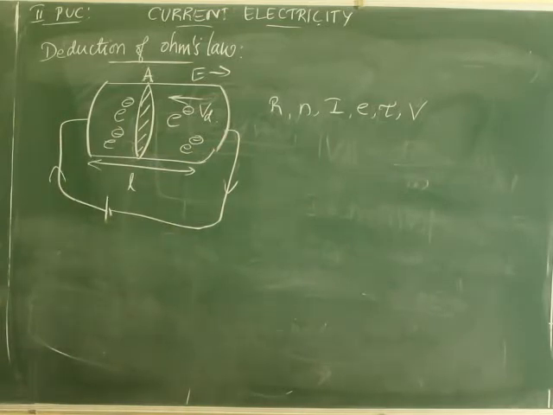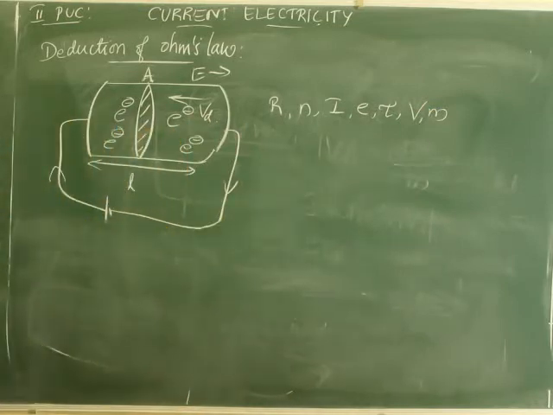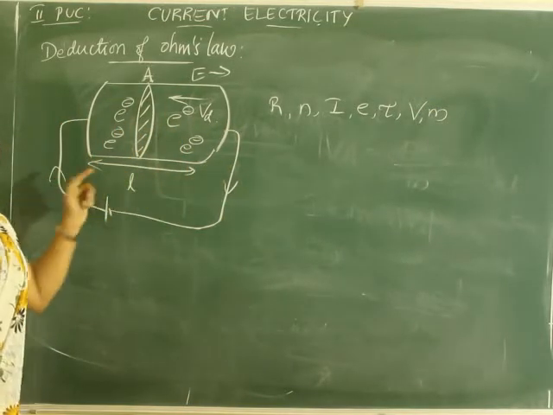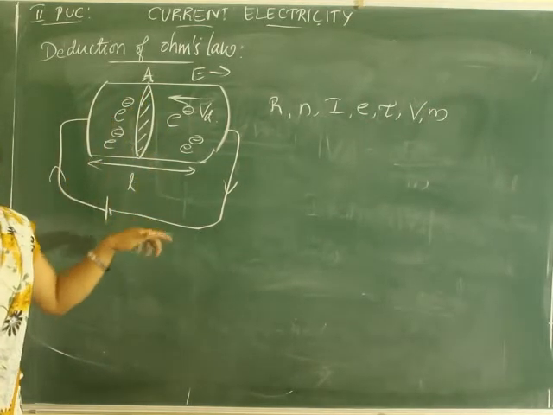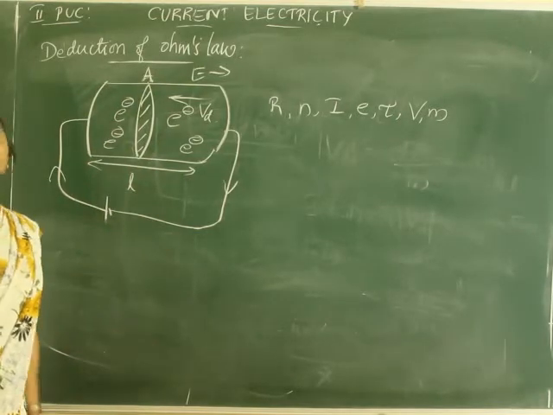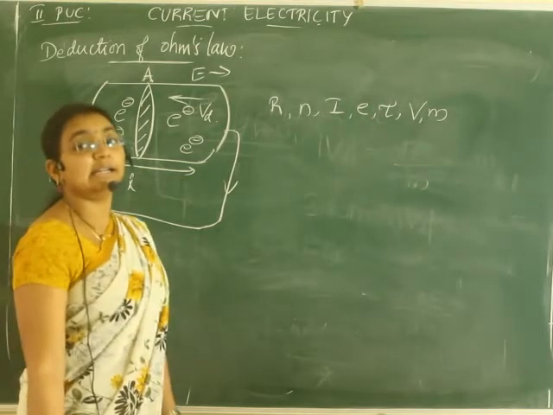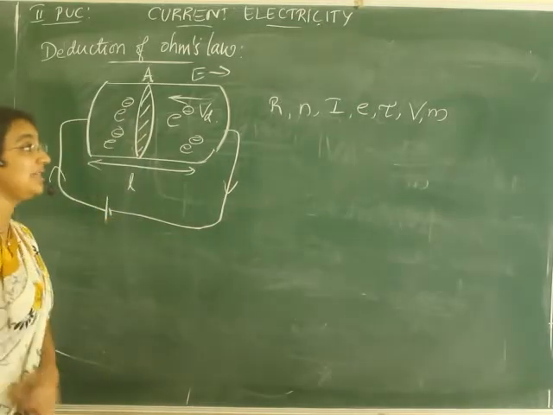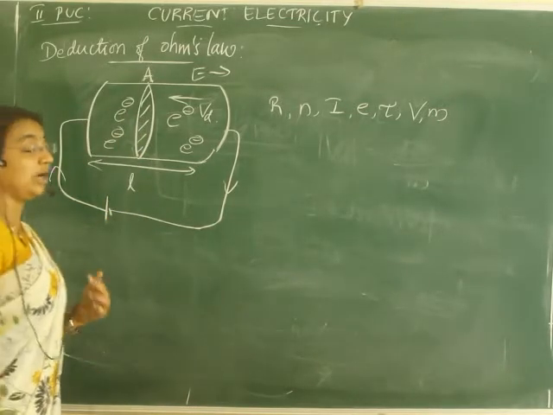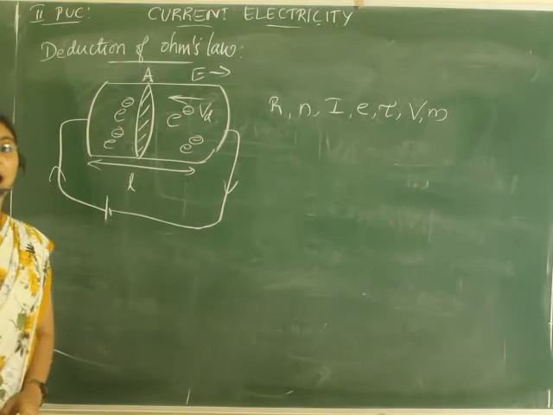M be the mass. So, let us consider a conductor of length L, area of cross section A, connected to an external electric field. Electrons will be drifted with a velocity Vd. R is the resistance of the conductor. N is the number of electrons per unit volume. I is the current. e is the charge of the electron. Tau is the relaxation time. V is the potential difference and M is mass.